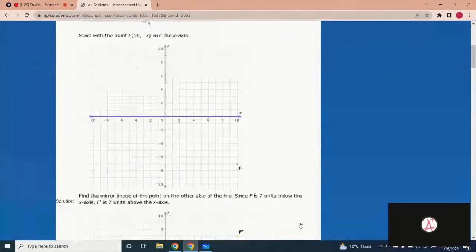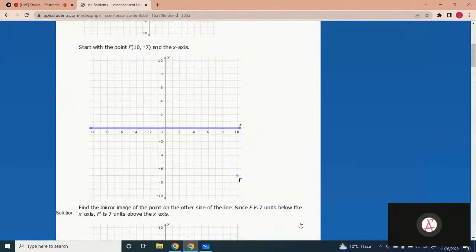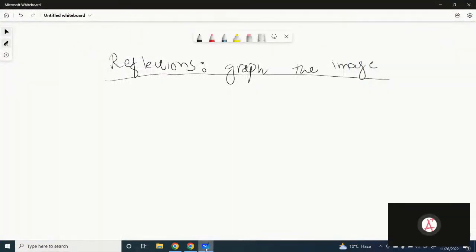Got it? Over the x-axis means the coordinates of point F are 10 and negative 7. Here you have x and here you have y.